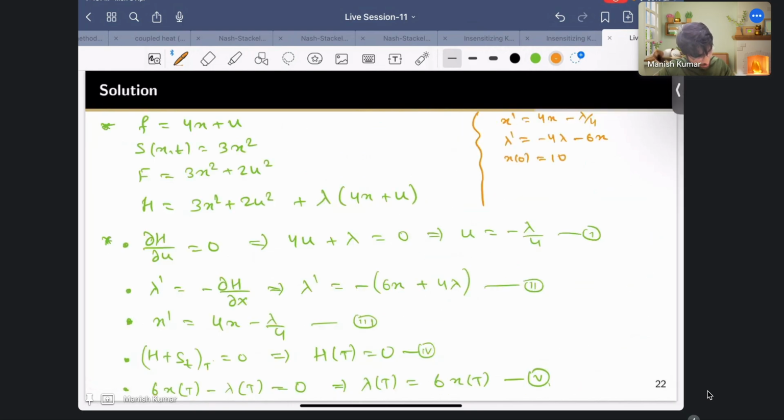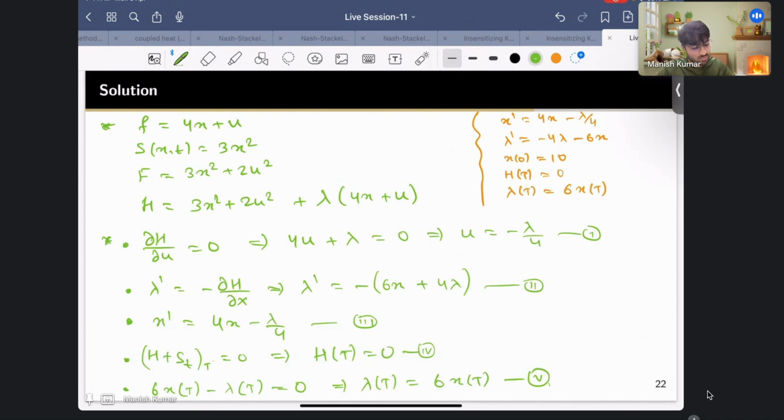And h at capital T is equal to 0, and lambda at capital T is equal to 6x at capital T. So in this case you will get the optimal time as well, that T star.